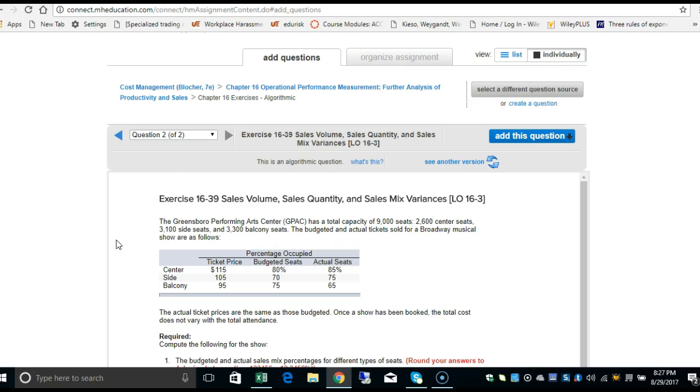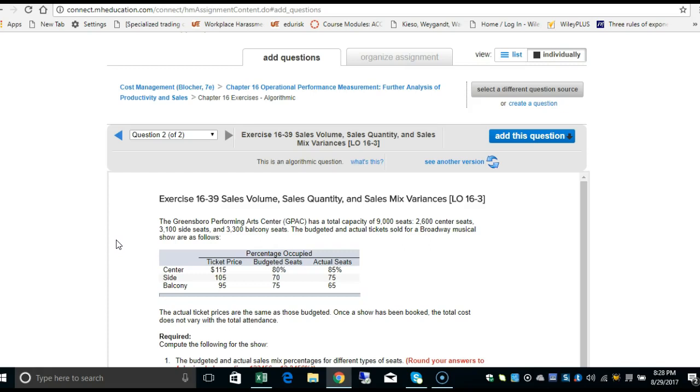So if a company sells, for a particular month, more of a high-priced product than it budgeted for, it most likely will see higher profits in the form of gross profit or contribution margin for that month. So essentially, this problem teaches us how to analyze how shifts in sales mix affect our contribution margin or gross profit margins.